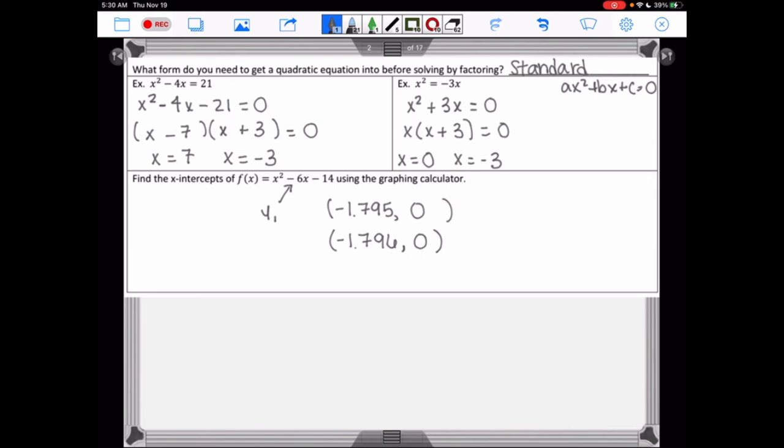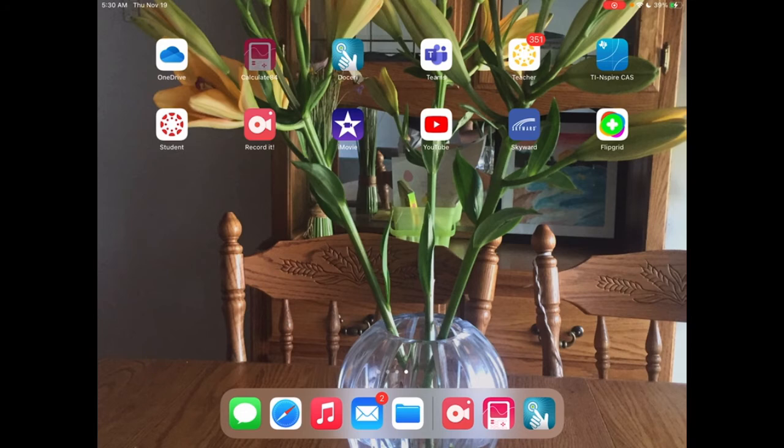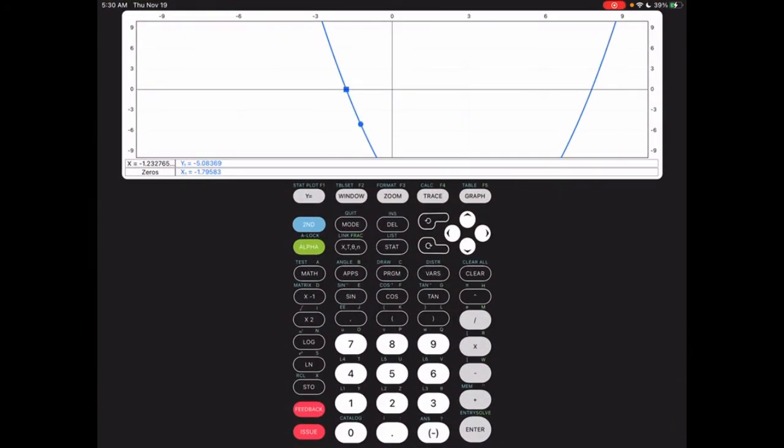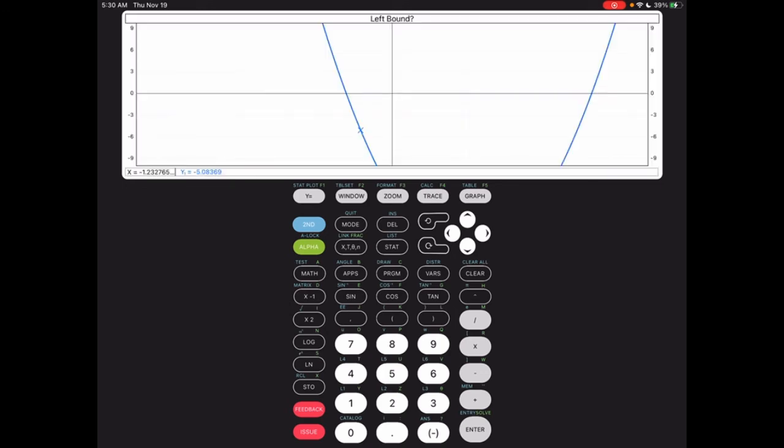Okay, let's go back to our calculator and get the other x-intercept. So we're going to, again, do second, trace, and then number 2 is 0. So I can see my cursor, and I'm going to hit the cursor to the right. Now below the screen, those numbers tell me where the cursor is. So I just kind of keep track. The cursor is way down at a y value of negative 20 right now.